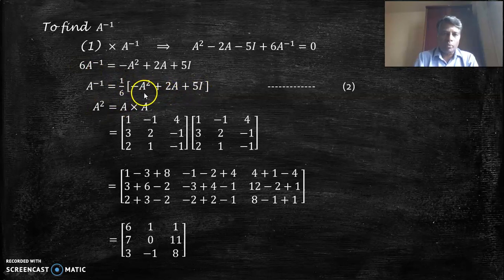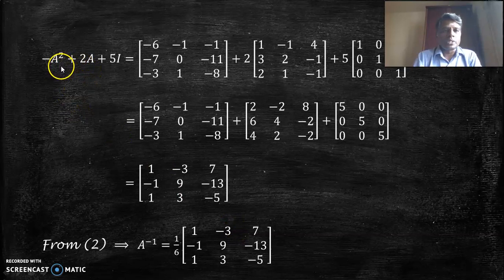So now we find the matrices for this expansion one by one. A square equal to A into A. On matrix multiplication we get 6 1 1, 7 0 11, minus 3 minus 1 0.